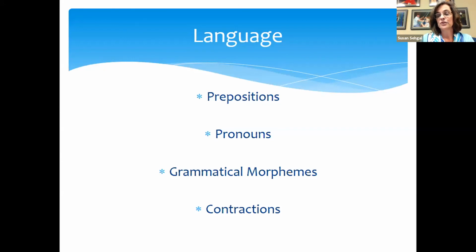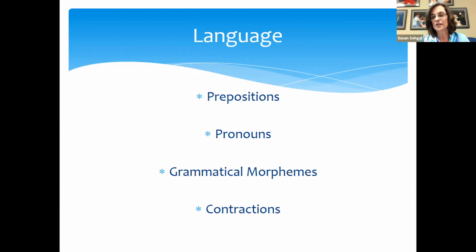Or sometimes children have difficulty perceiving the difference between the pronouns he and she. Amy Robbins has often reported on the difficulty of deaf and hard of hearing children producing the final consonants in words because they're less salient.